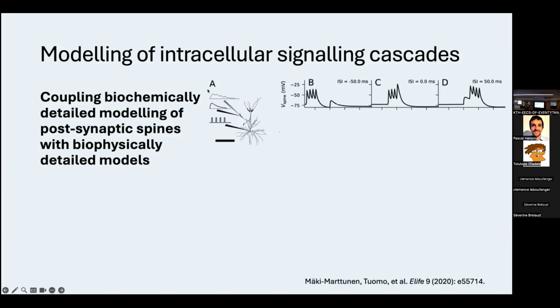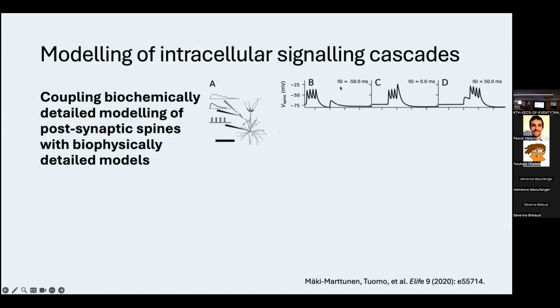So here we could model how the calcium influx into the synapse is affected by, for example, temporal difference between somatic and synaptic activation of this glutamatergic synapses, as in this STDP.